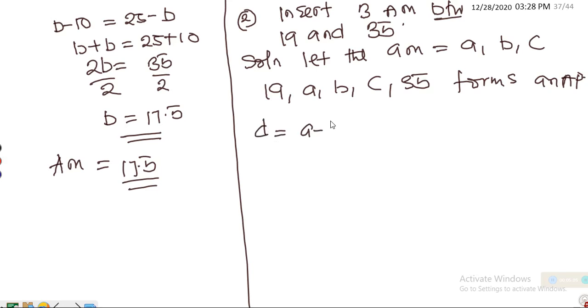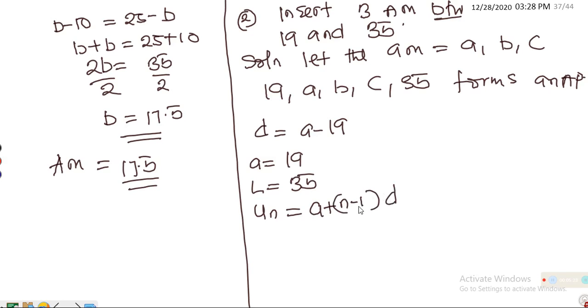D equals A minus 19, of course, and we have the first term equal to 19 and the last term equal to 35. You know the formula for calculating the last term, which is a plus (n minus 1) D. The number of terms in this sequence, 1, 2, 3, 4, 5, is n equals 5.